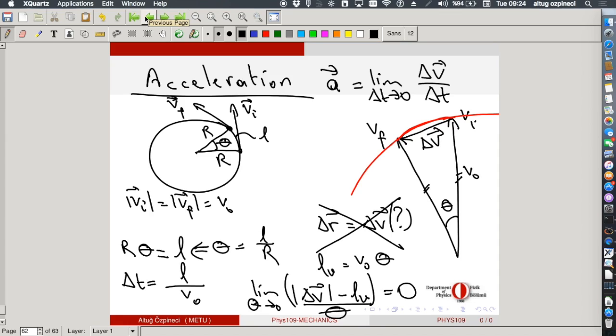Okay. That's correct. It's toward the center, but you see, it is pointing toward the center for the instantaneous acceleration, not average acceleration. If you remember, on Thursday we had also done an example where we discussed the average acceleration.